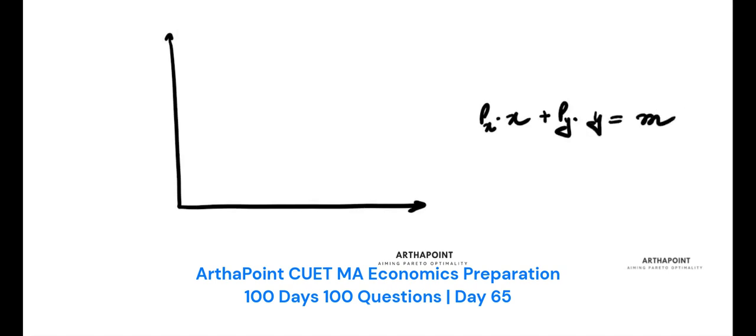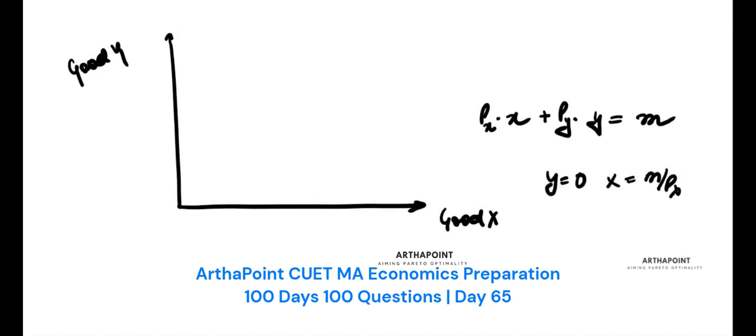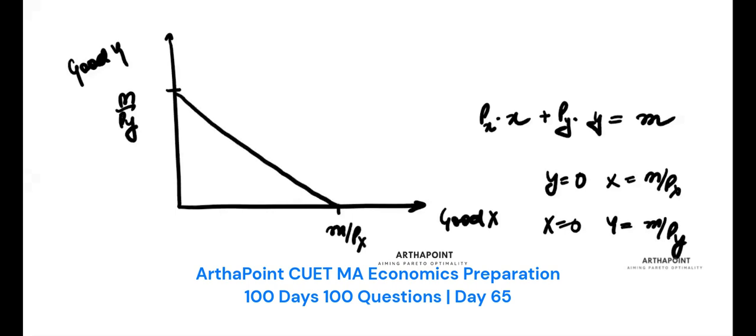If we have to plot this, if I take good X here and good Y here, then when Y is 0, X will simply be M by PX. And when X is 0, Y will simply be M by PY. So I will get M by PX here, and M by PY here, and I will get this as my budget line. This is the usual budget line.